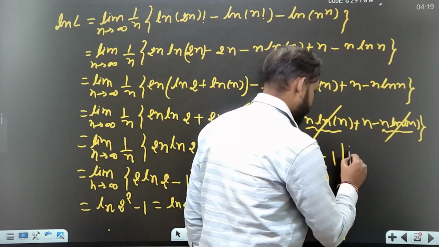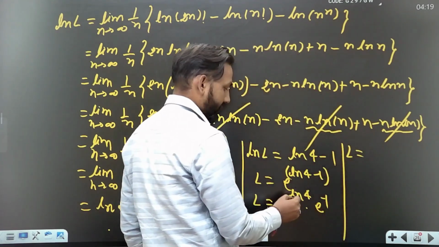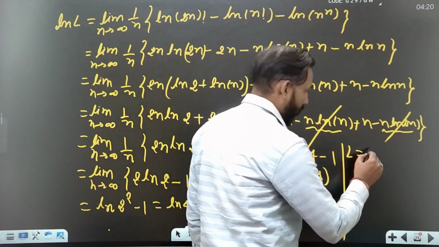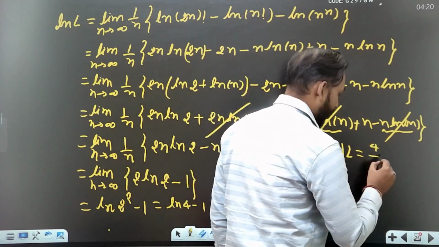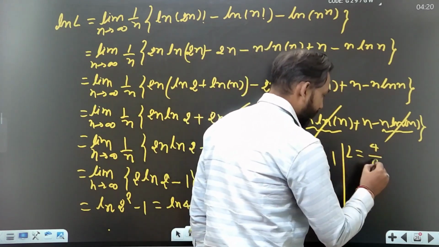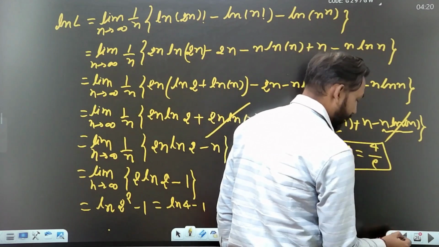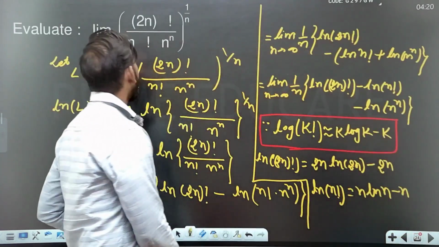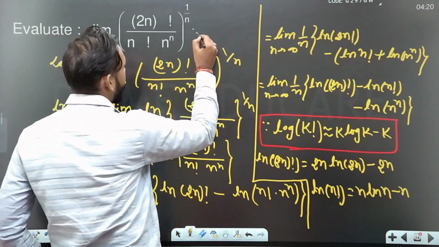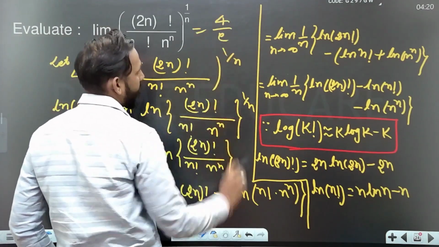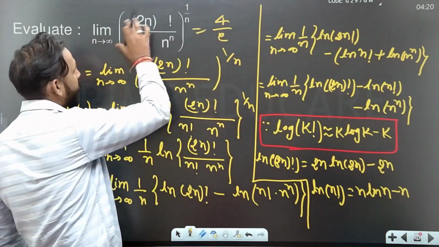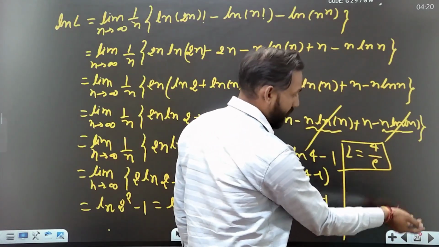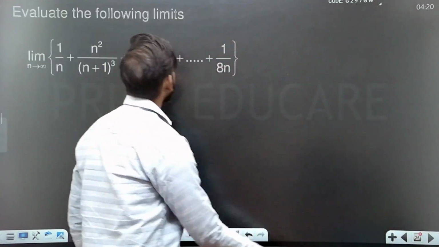The ln and e cancel out, so we have 4, and e raised to the power minus 1 will be 1 over e. Then the answer of this given limit is 4 by e, right? We get the result of this as 4 over e, and we can calculate it.